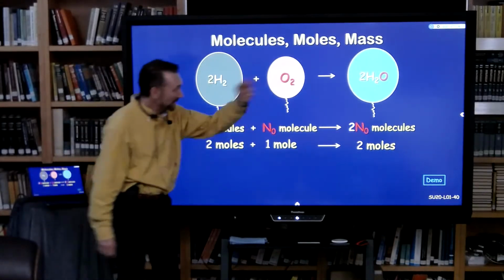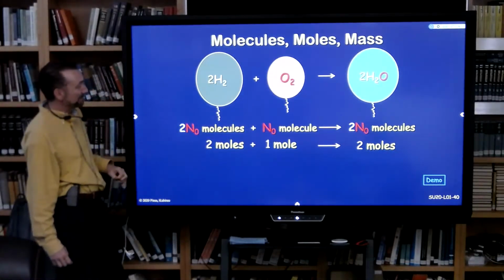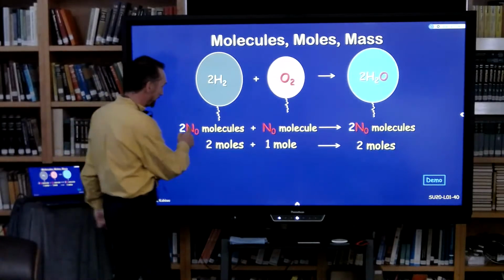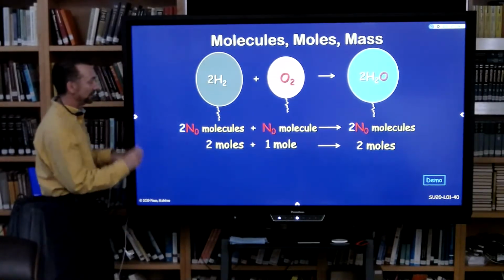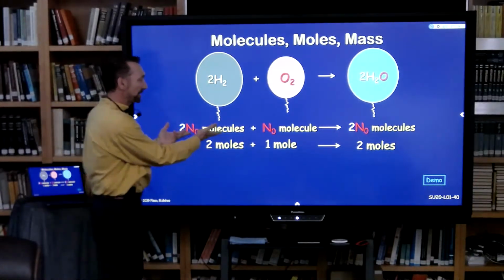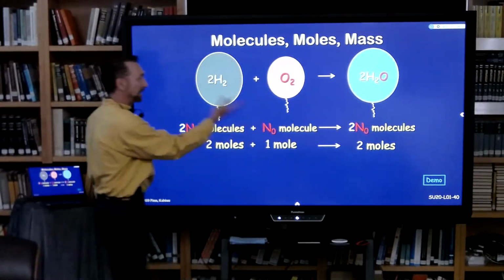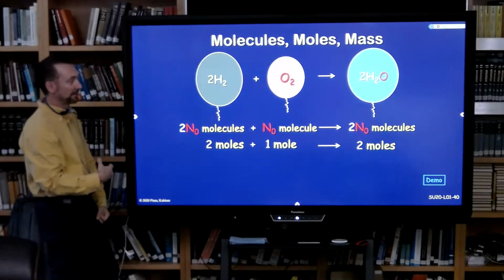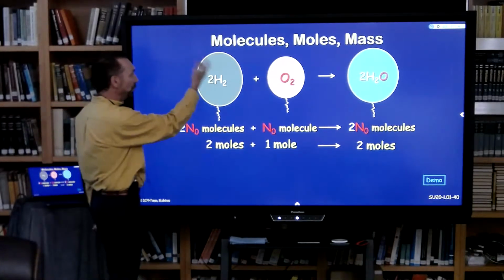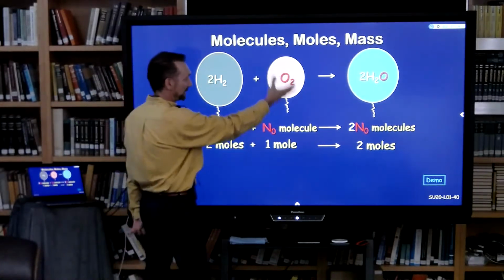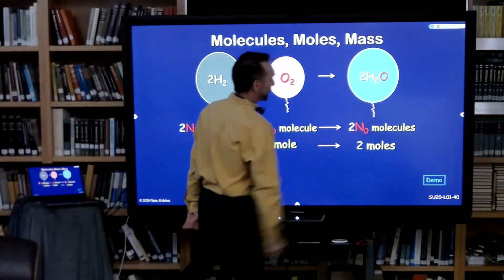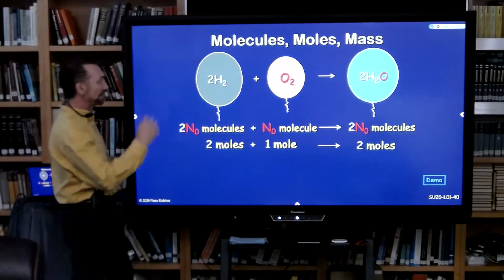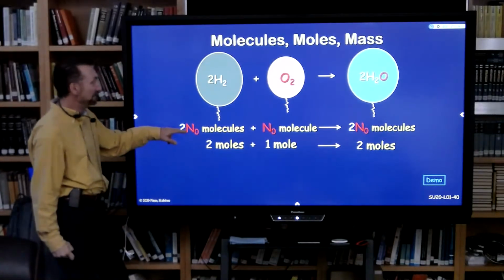So here we now can write this out in many, many ways. We can start using this number of molecules or mole terminology. We already have been using the particle and mass terminology. 2 particles of hydrogen molecules react with 1 particle of oxygen to make 2 particles. So if they react by particle, they would react by millions of particles.